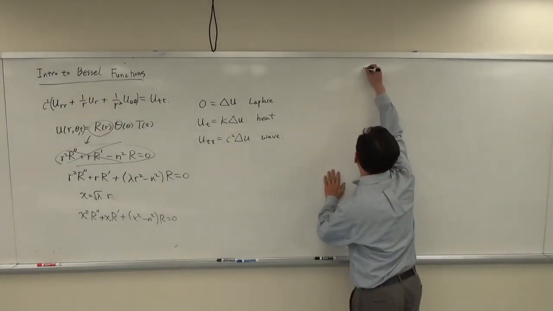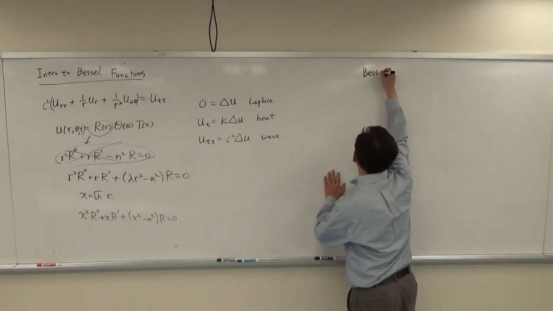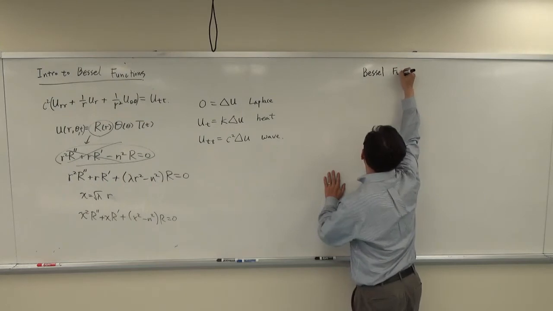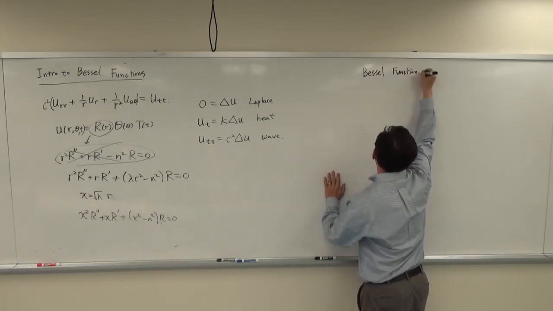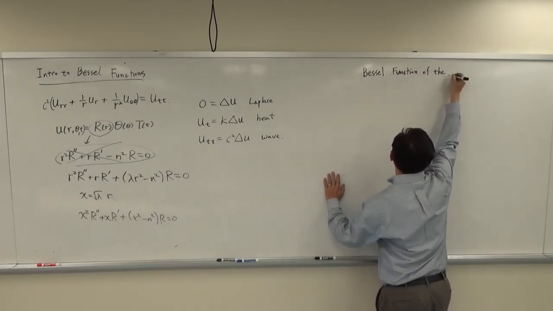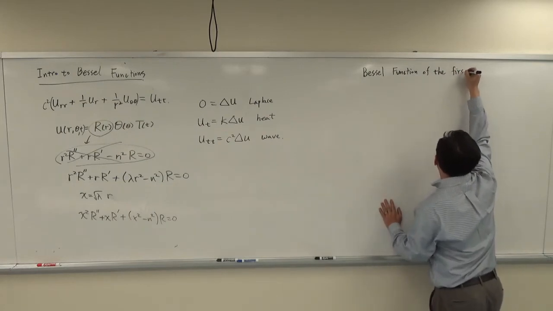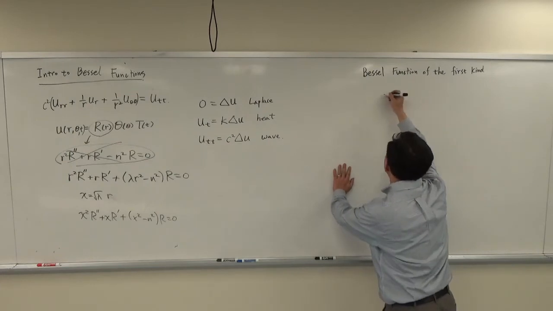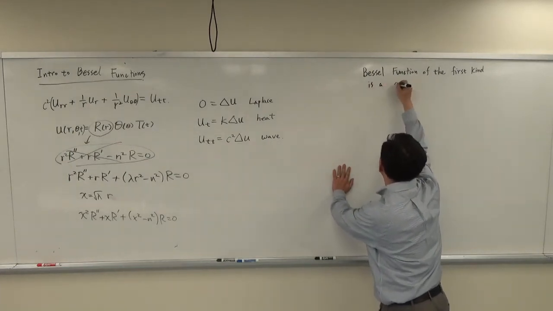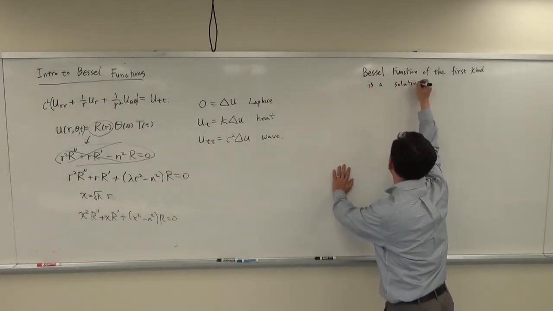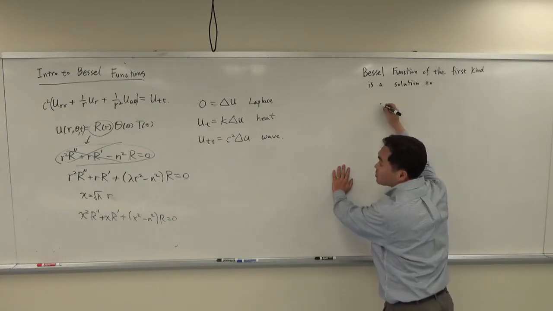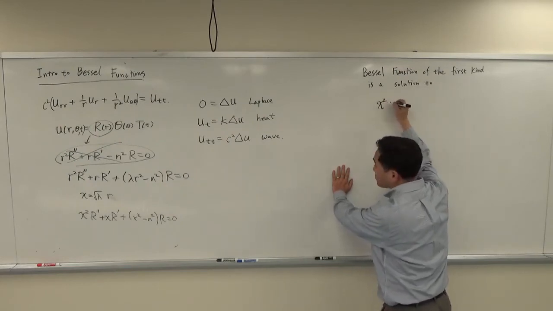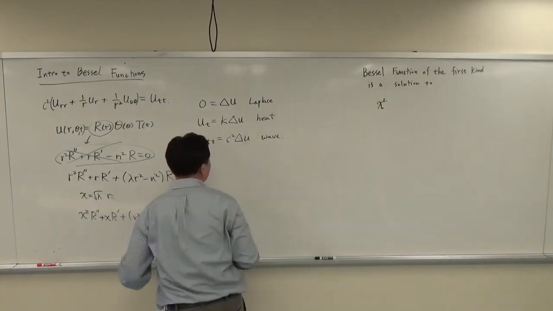So Bessel function of the first kind is a solution to x squared, just copying this, but instead of r, let's use y double prime.